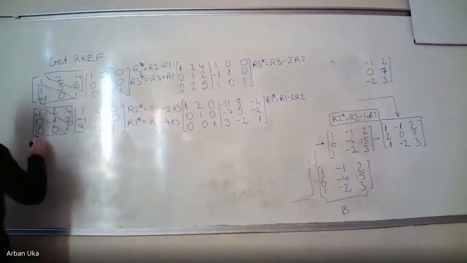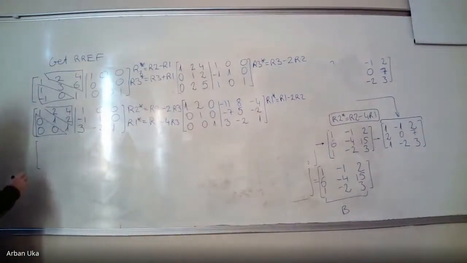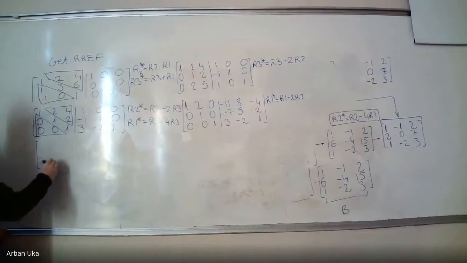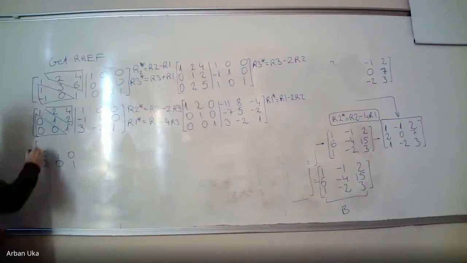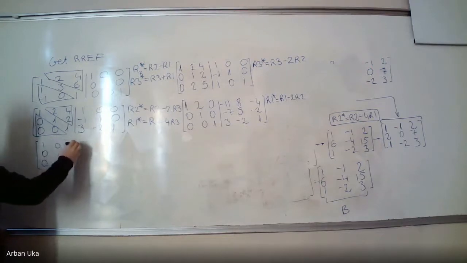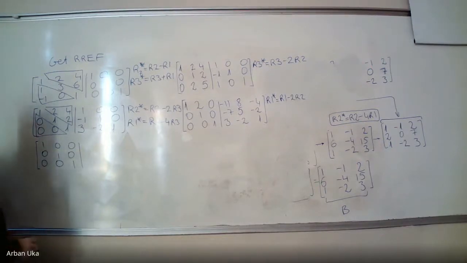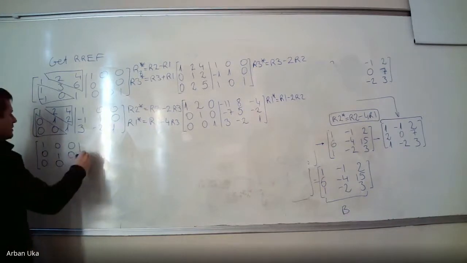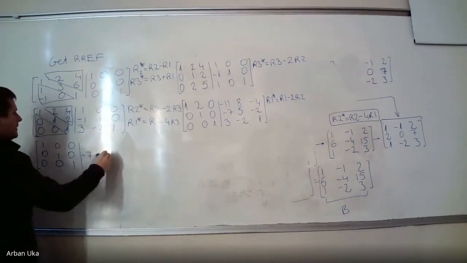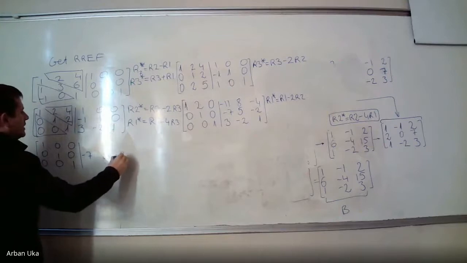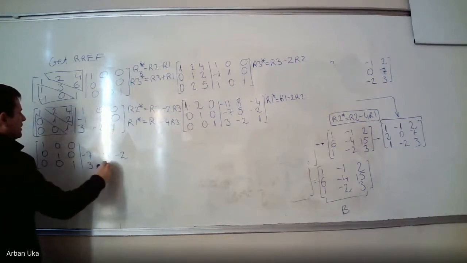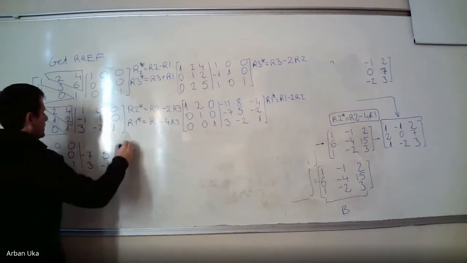And then we come to this point and we get 0, 0, 1, 0, 1, 0, and we get 1, 0, 0. So apparently we got the identity matrix here. And then we're just modifying the first row. This is minus 7, 5, minus 2, 3, minus 2, 1.